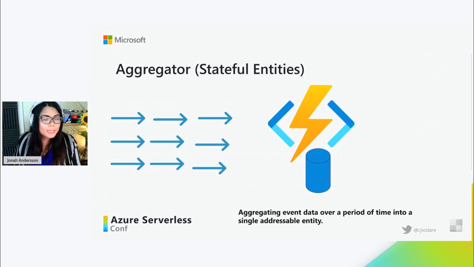And last but not least, one of the patterns is the aggregator pattern. This is commonly used for stateful entities, where you aggregate the event data over a period of time as a single entity. This event data can come from different resources, and they can come anytime. And the aggregator aggregates or handles them as they come.